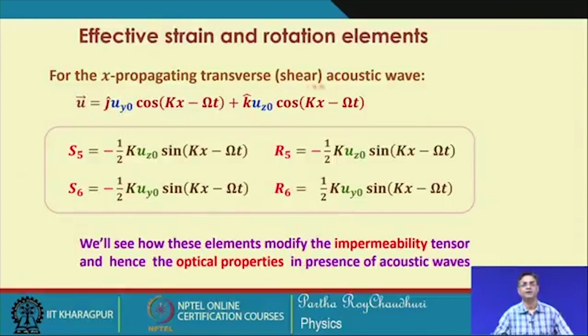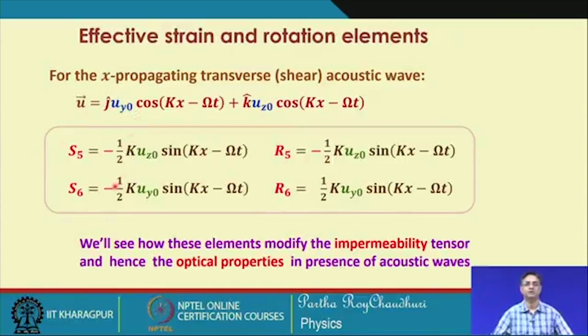For the X propagating transverse shear wave, we have the summary that S 5 is equal to this, S 6 is equal to this, but R 5 and R 6, these are antisymmetric rotation matrix elements. So, this is minus, here R 6 this is plus.